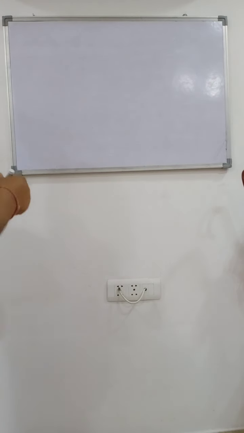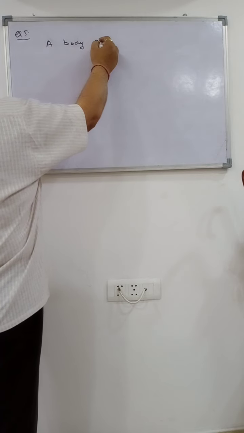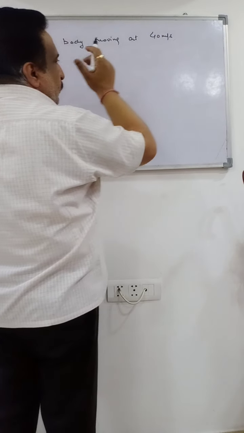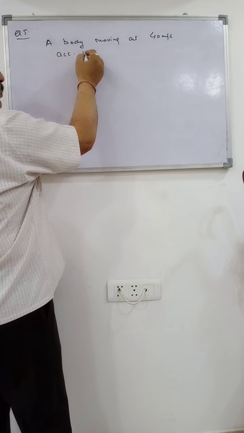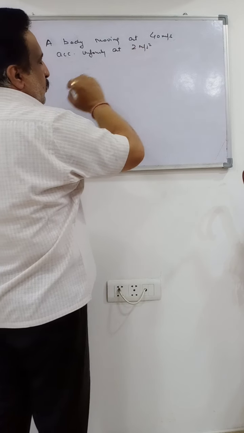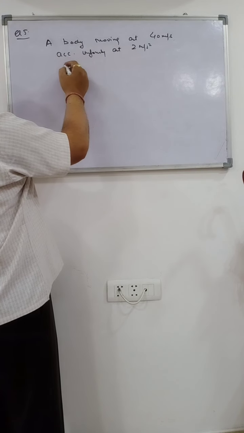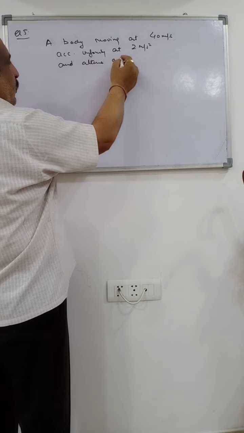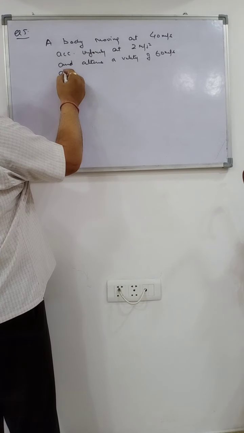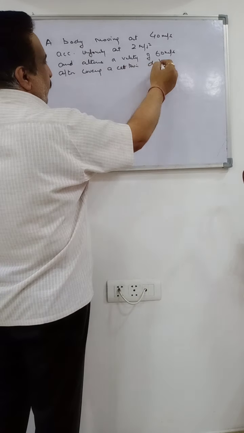Moving on to example number 5. A body moving at 40 meter per second accelerates uniformly at 2 meter per second square and attains a velocity of 60 meter per second after covering a certain distance.